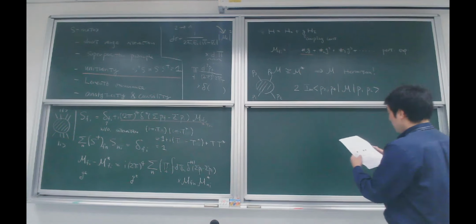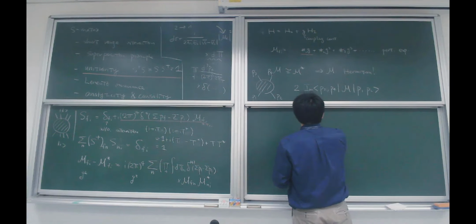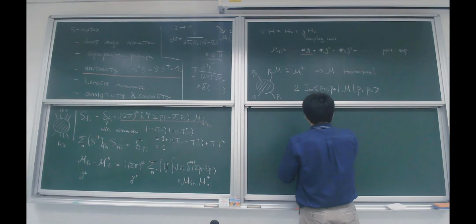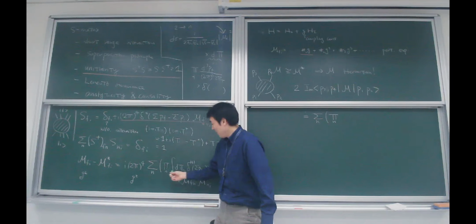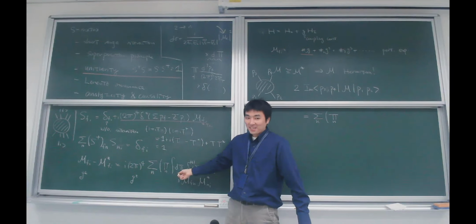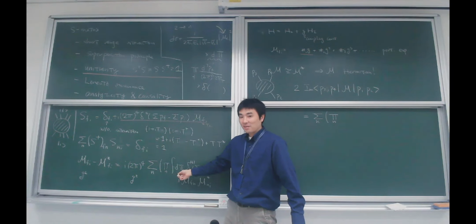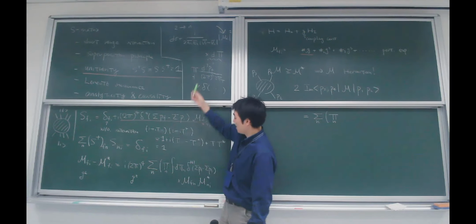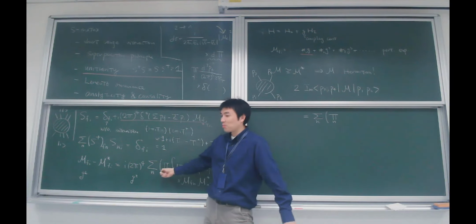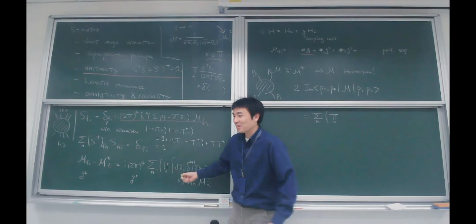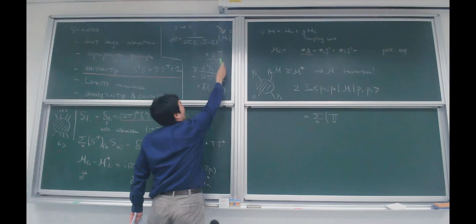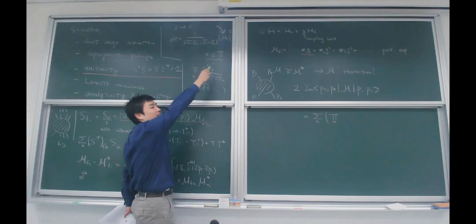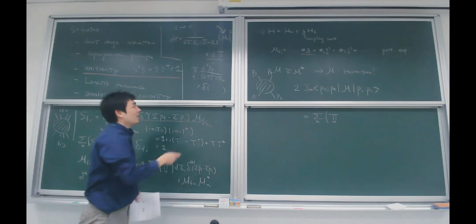The right-hand side is something like the sum over n and then the product over n. Sorry, so this is the product over n, and this is the Lorentz invariant phase space. Be careful about the distinction: this is the pi, and this d pi is always this kind of stuff, the Lorentz invariant phase space.